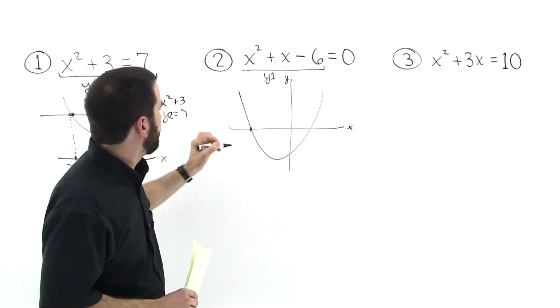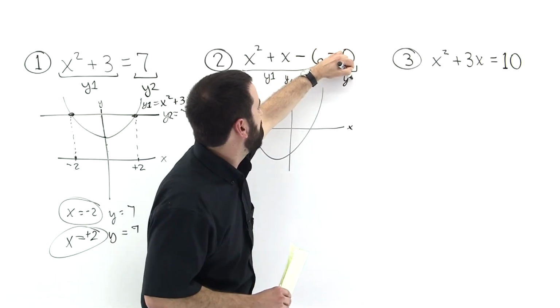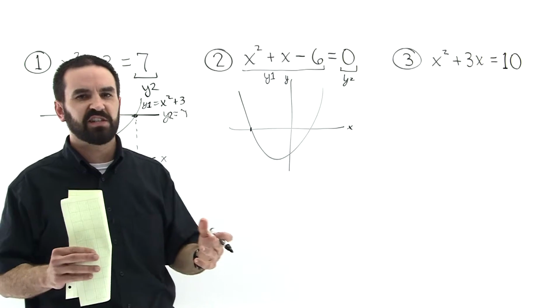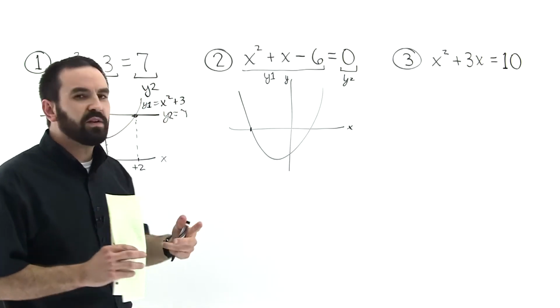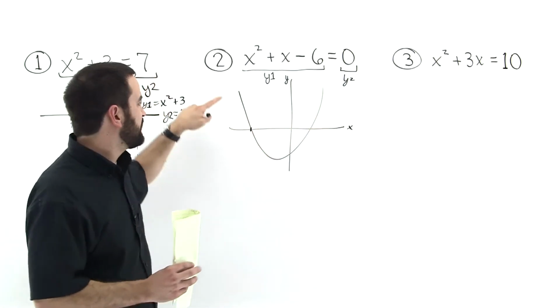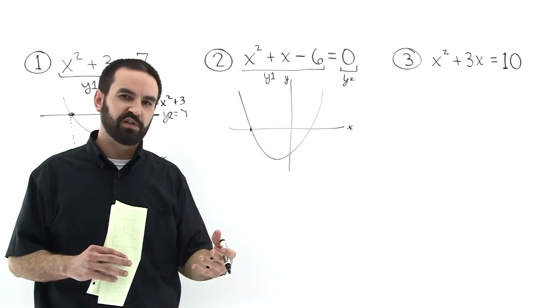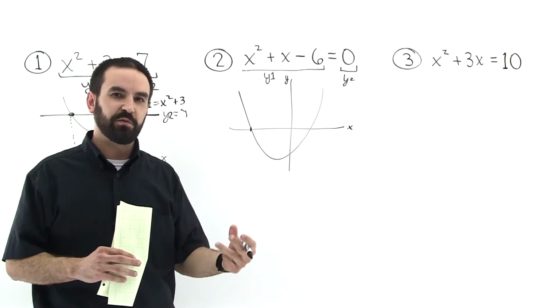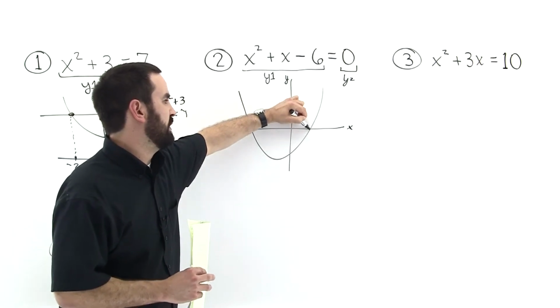And now you've set this equal to 0. Now you could type in y2 into your calculator, but there's essentially no need to do that because y equals 0 is just the x-axis, right? So you just need to find where your graph crosses the x-axis, and you can use your zero function in your calculator to find the zeros of the function, that is where y is equal to 0, right?